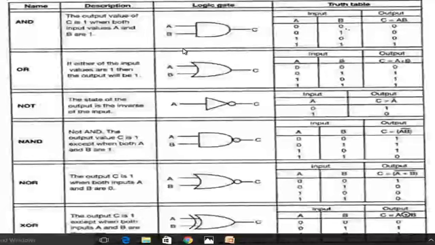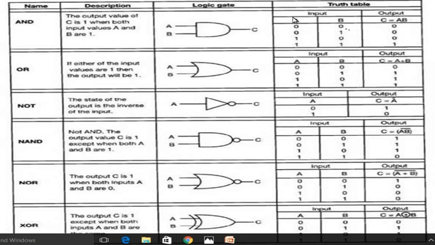Now let us revise all these gates. First gate is AND gate. We know the logic of AND gate. When A and B both are true, then Y is true. Or here I have written the letter C instead of Y. There is no objection. You can write any letter for output.